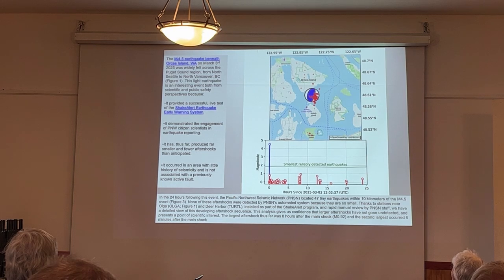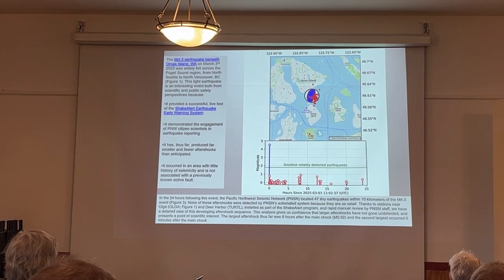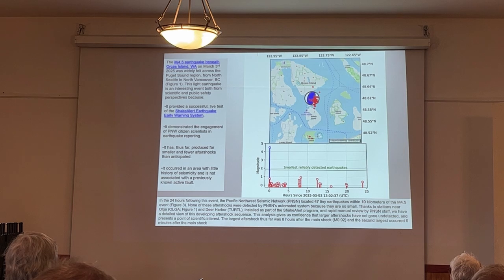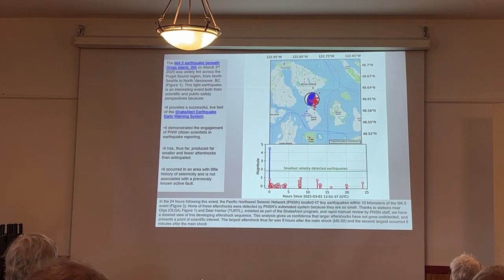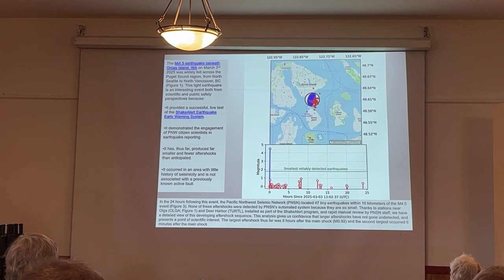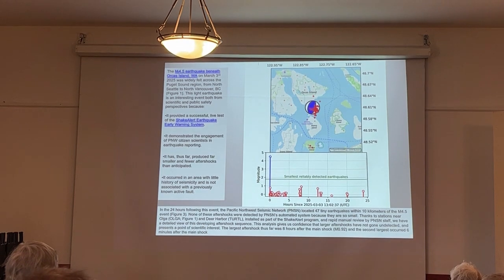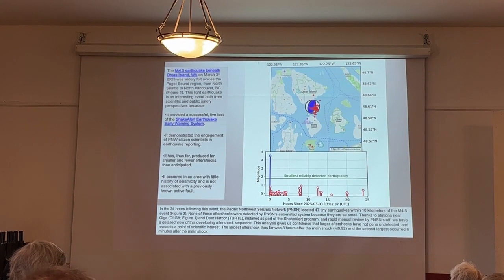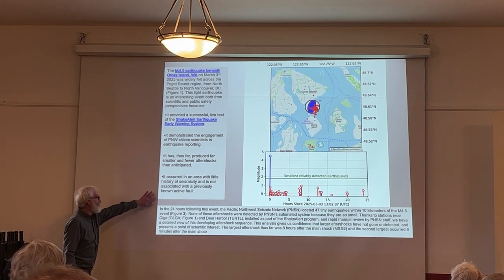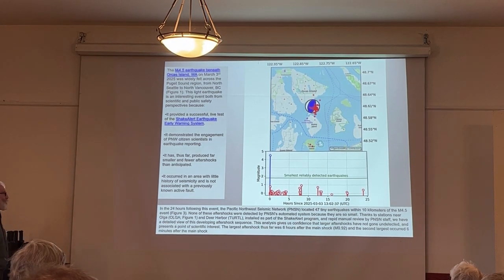They don't explain why it's atypical, but it's adding more information into the whole picture of earthquakes in Northwest Washington. It's not associated with previously known active faults.